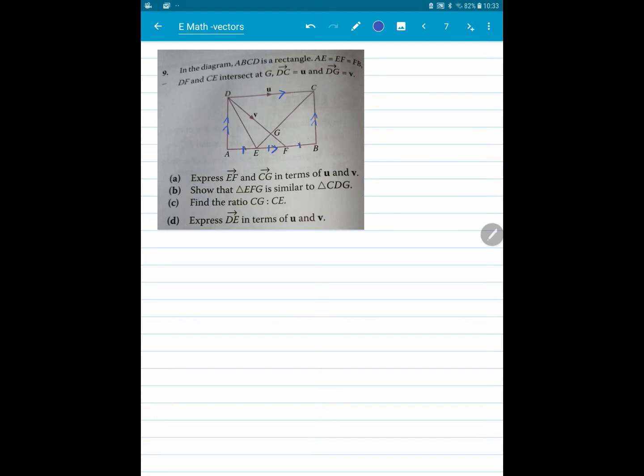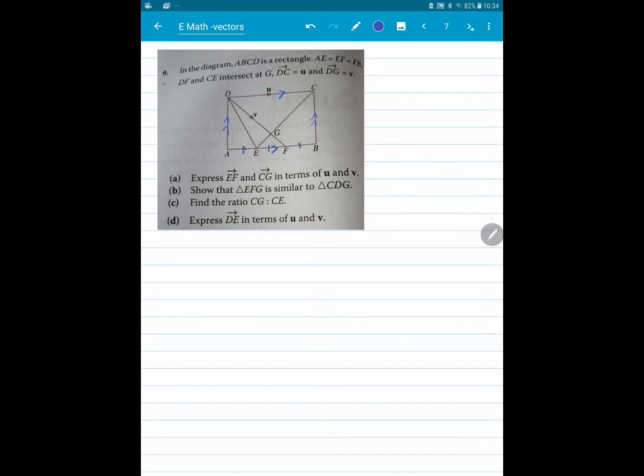DF and CE intersect at G, so this is the point of intersection, and I've got DC represented by vector U and DG represented by vector V. So in this case, we are going to express EF and CG in terms of U and V.